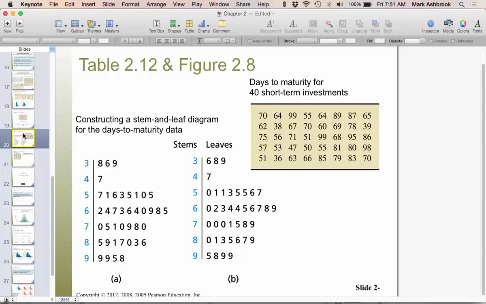So what a stem and leaf plot is: here's our data, and what they're doing here is we have what's called the stem, and in this case, the stem is the tens place on our data. So this 3 right here refers to what? 30.